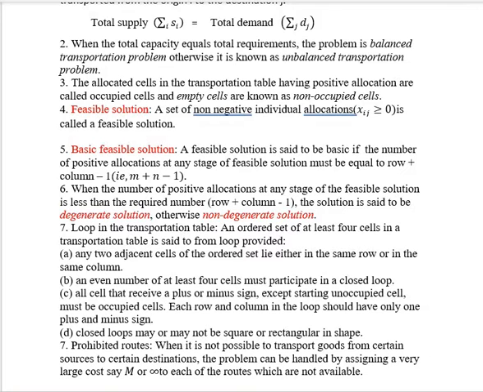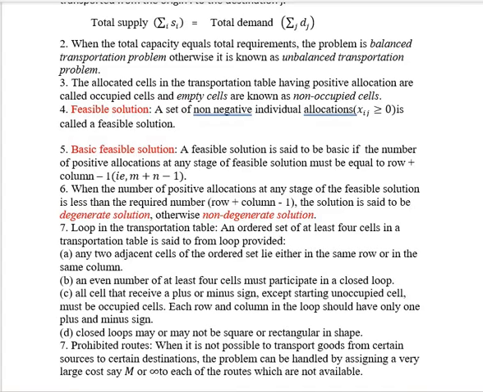Now, we can see a feasible solution. A set of non-negative individual allocations, that is, xij greater than or equal to 0, is called a feasible solution to a transportation problem. Now, basic feasible solution. A feasible solution is said to be basic if the number of positive allocations at any stage of the feasible solution must be equal to rows plus columns minus 1, that is, m plus n minus 1, where m is the number of rows and n is the number of columns.